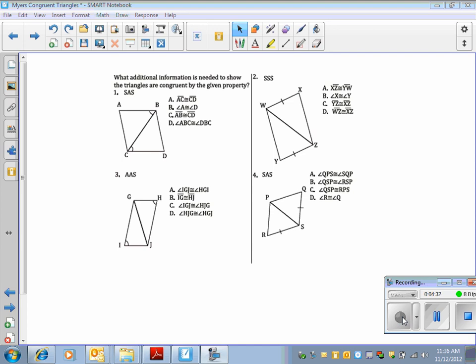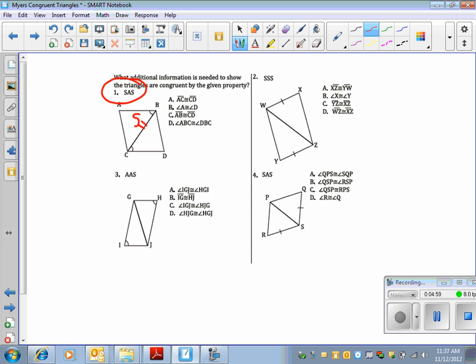Now, this part of the lesson, folks, I need to identify this because you are going to have different questions that you'll be asked, and I really need you to pay attention to the directions. This says what information is needed to show that the triangles are congruent because of side, angle, side. Well, when I look at this, I already see a shared side, so that would be my S. I have an angle and I have an angle. So if I'm going for side, angle, side and I already have a side and an angle, wouldn't you agree that all I need is another side?